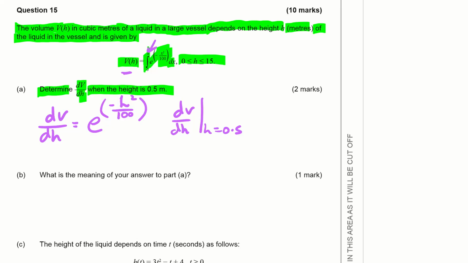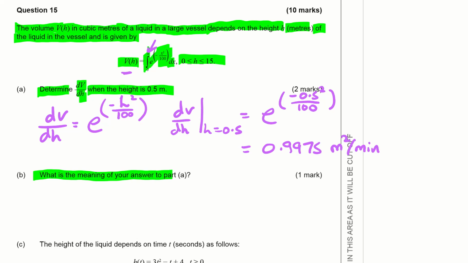When h is 0.5, we would get e to the negative 0.5 squared over 100, and calculating that gives me 0.9975, and that would be in meters cubed per minute.